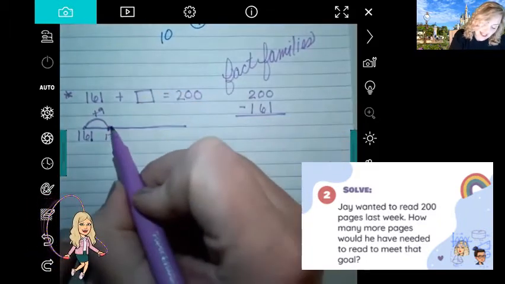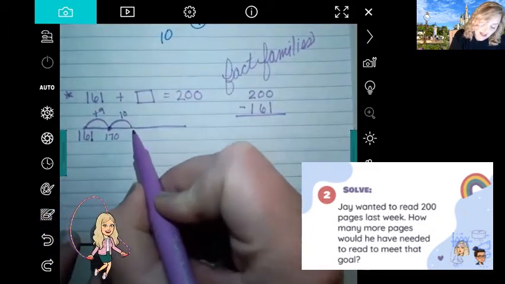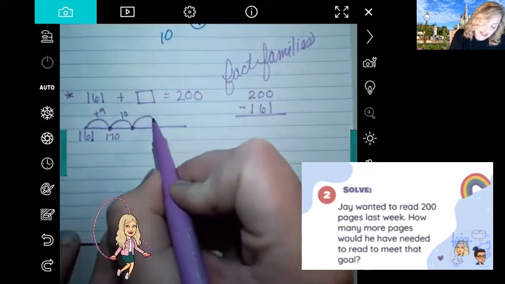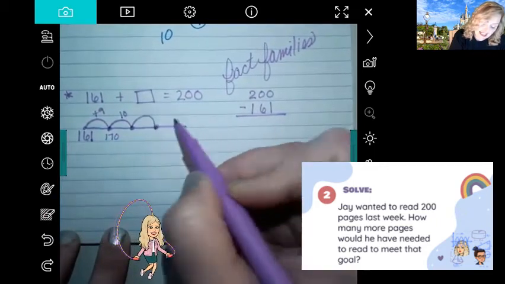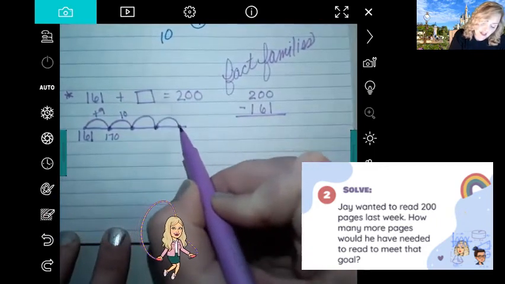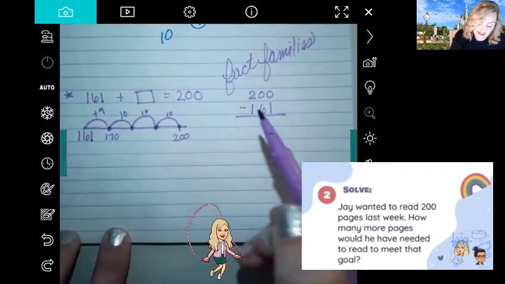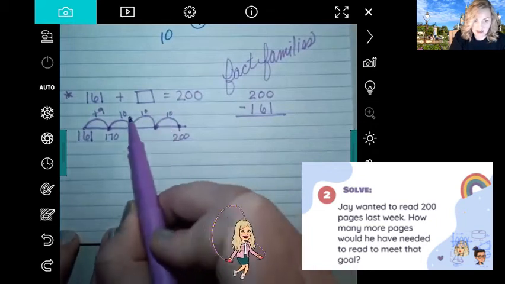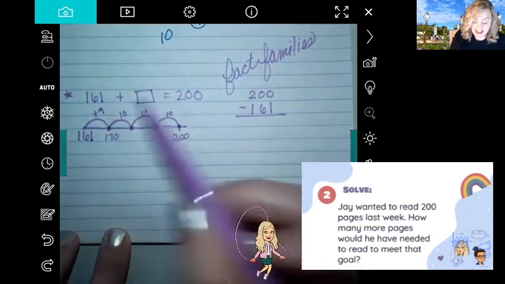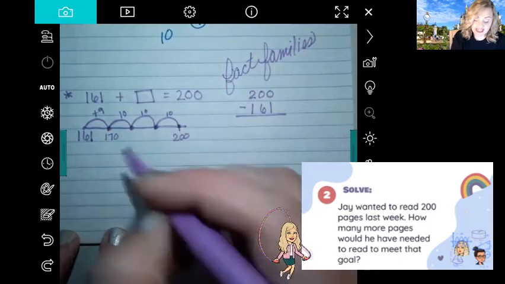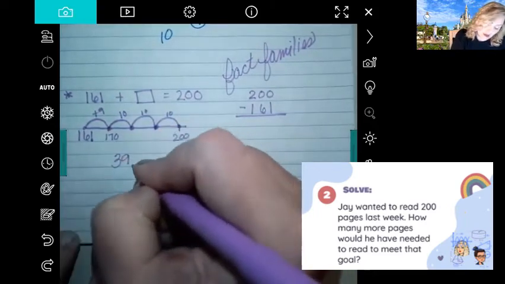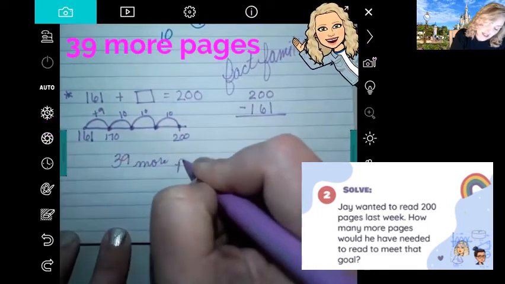And then 170 plus 10 more is 180. 10 more is 190. 10 more is 200. So that I know that I have 10 and 10. So then when I add 10 plus 10 plus 10 plus 9, that equals 39. So 39 more pages.